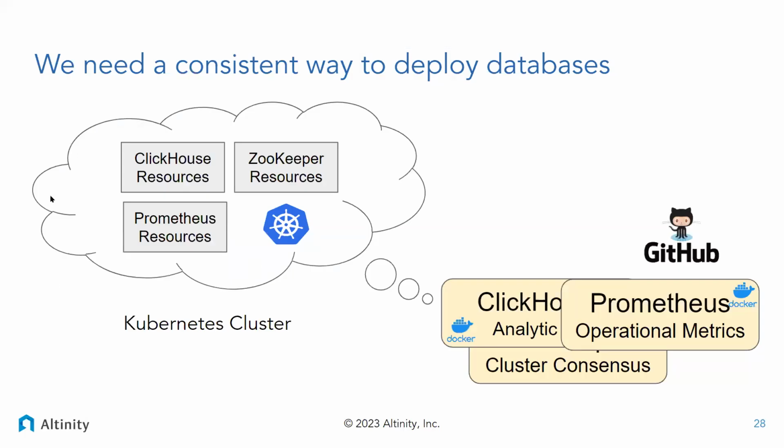One of the things that I've stressed in this talk is that to do security effectively, you need to be consistent. Just as the operator helps you organize the ClickHouse service, you want a way to organize all the services that you're using. The ideal would be to have the definitions of these in GitHub and be able to apply them to a particular Kubernetes cluster.